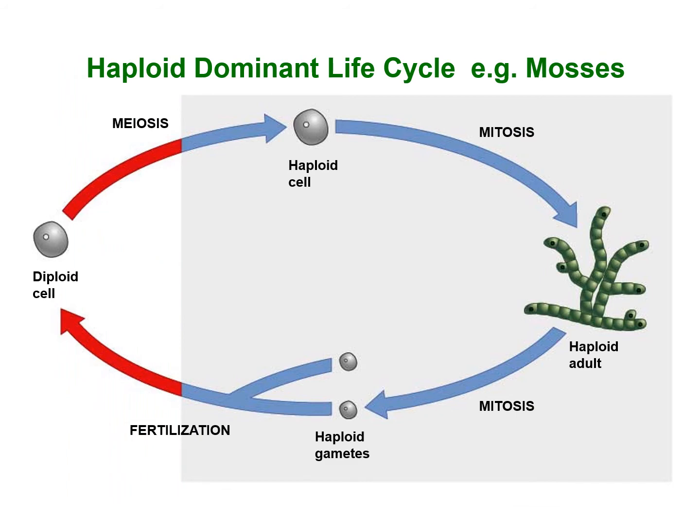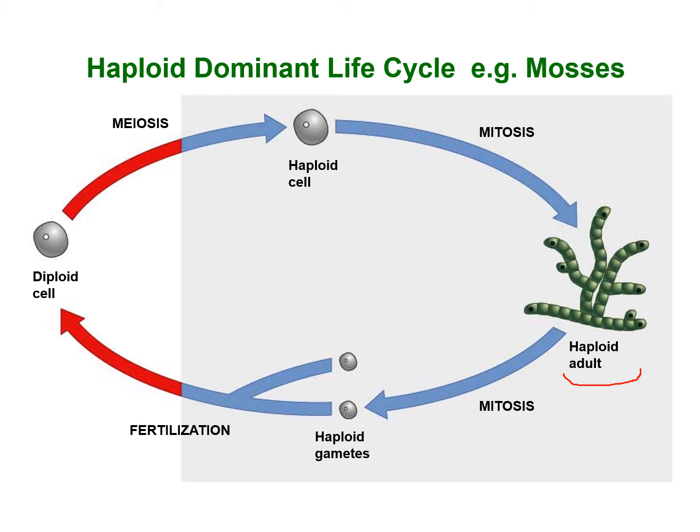Okay, so there are 3 different life cycles that we're going to encounter in plants, and these overlap with some of the ones that we looked at in fungi as well. So haploid dominant means that the gametophyte stage, or the haploid component, is dominant, is the biggest, most obvious part of the life cycle. If you're looking at a plant, you'll see it.